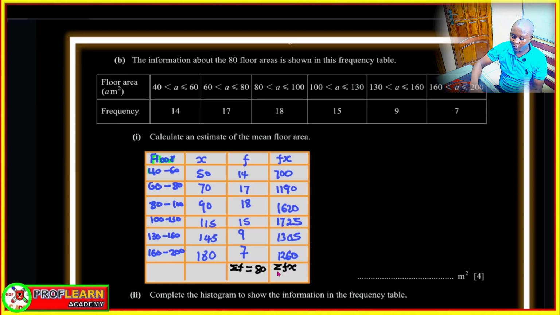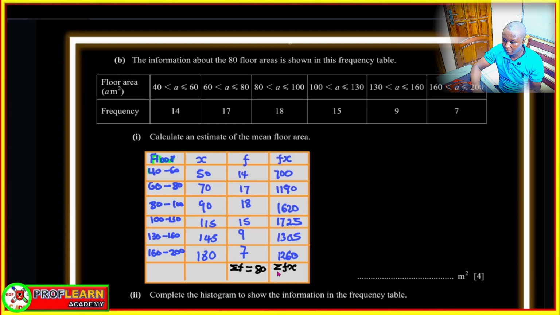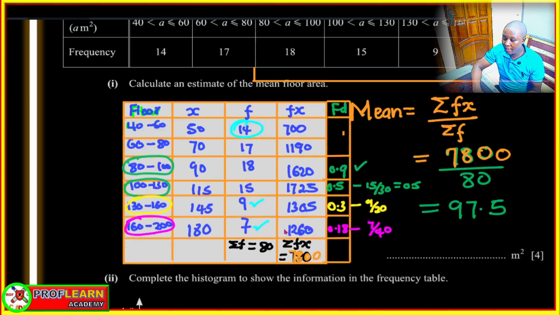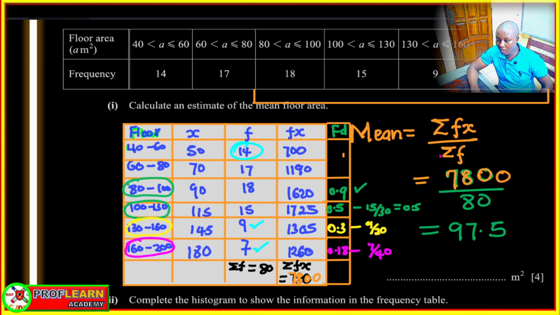And then if we divide by... yeah, so you can see now, if we add everything here, we are going to get 7800. Which means that if we divide 7800 by 80, that's going to be 97.5. So that is basically what you are going to do.